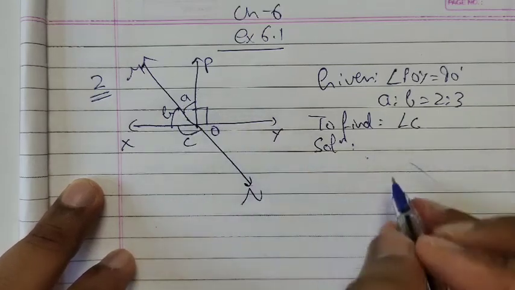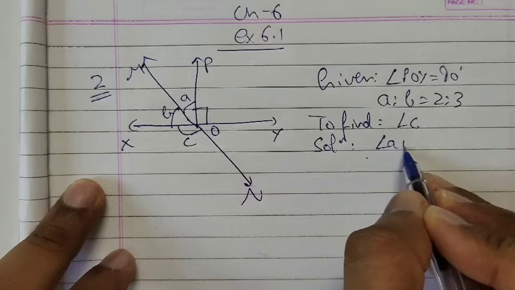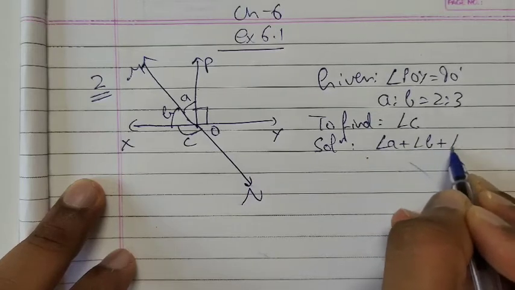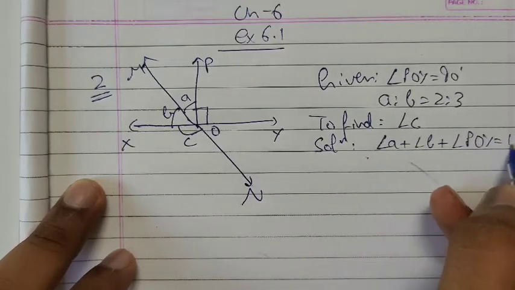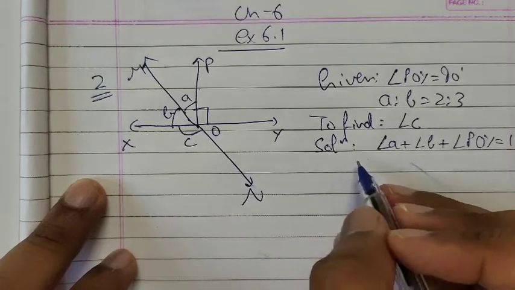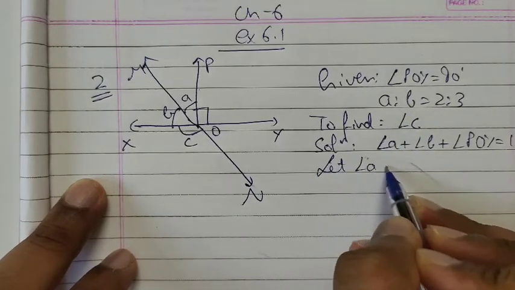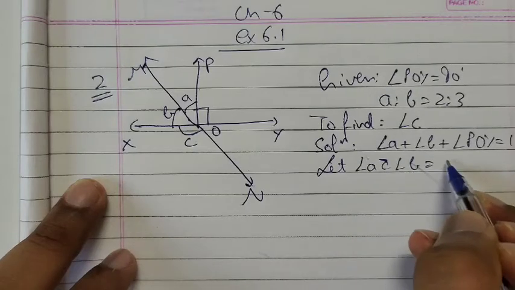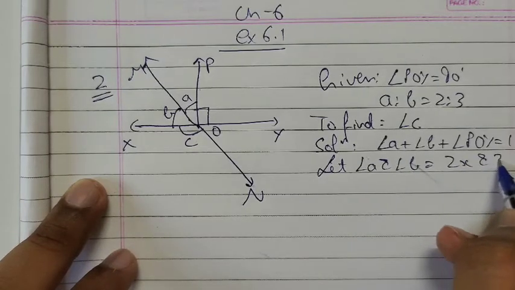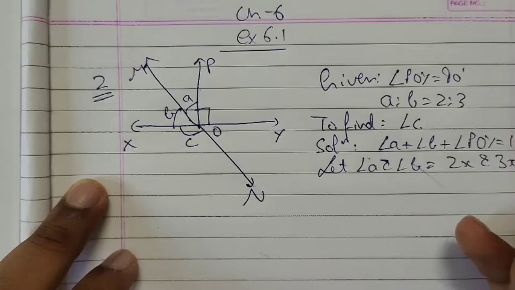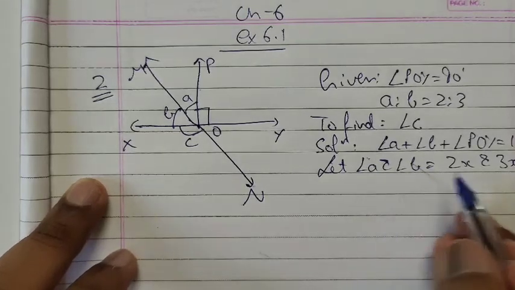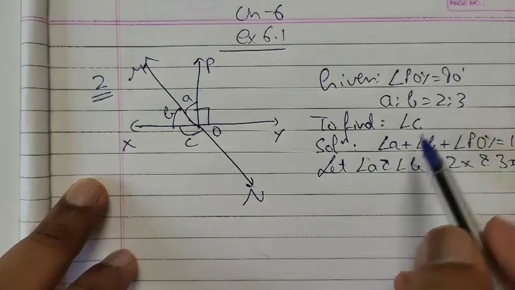So angle A plus angle B plus angle POY is equal to 180 degrees. And when a ratio is given, assume the angles to be 2x and 3x respectively. So angle A is equal to 2x, angle B is equal to 3x, because the ratio is 2 ratio 3.